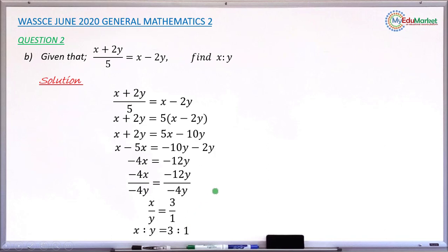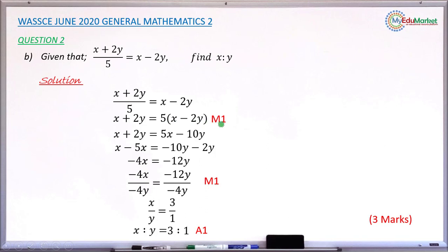So let me just share with you quickly the mark distribution for this question as it is there in the marking scheme. The very first mark is the method 1 mark, and you have this mark when you are able to cross multiply in attempt to make x over y by the left hand side.